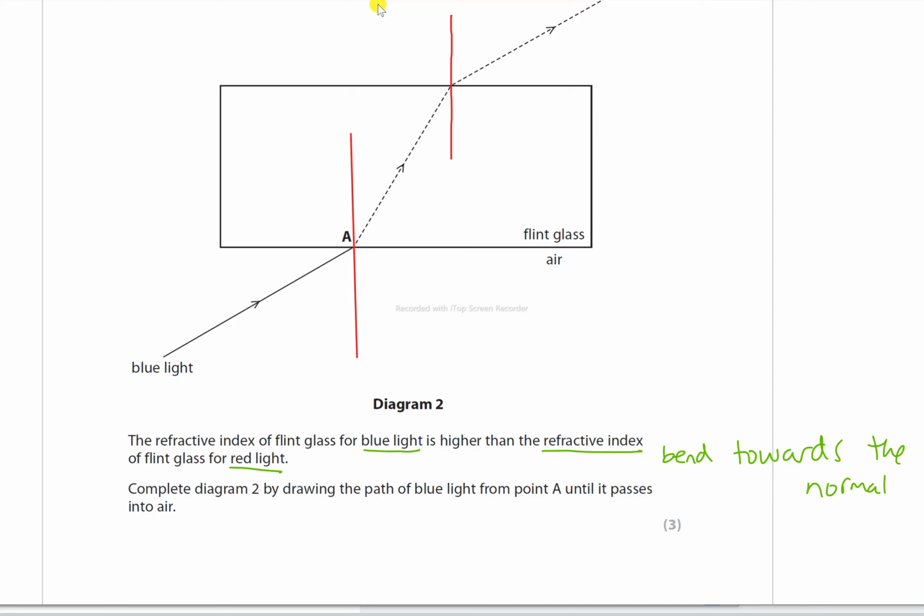So from here, it's going to bend that way. And then you've got your new normal here. And then it's going to bend back out. So it's going to take this sort of path.